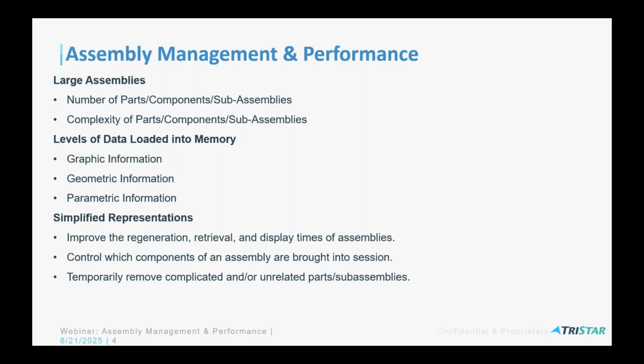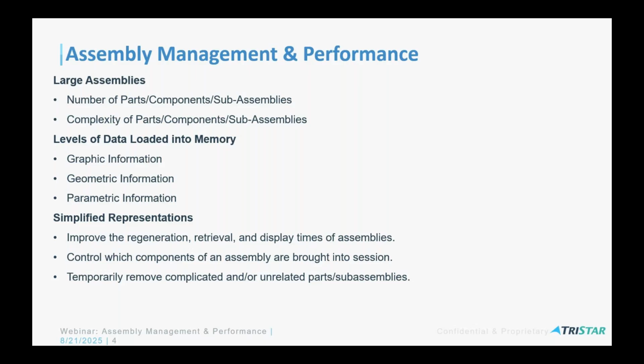This is the ability to actually touch the surfaces or the edges or the geometry within the assembly, take measurements, assemble components and so on, anything that we need to reference. The final thing that gets loaded into memory is the parametric information, and that gives us the ability to change the parts, modify dimensions, and regenerate the assembly and so on.